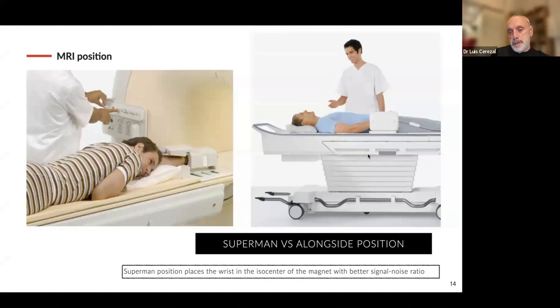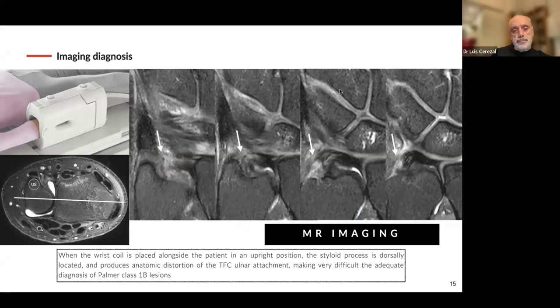Another option is to use specific wrist coils alongside the patient, in supine position. This is very comfortable for the patient, but we sometimes have problems with the alignment of the patient. First of all, the coil is far from the isocenter of the magnet, and we have less resolution.